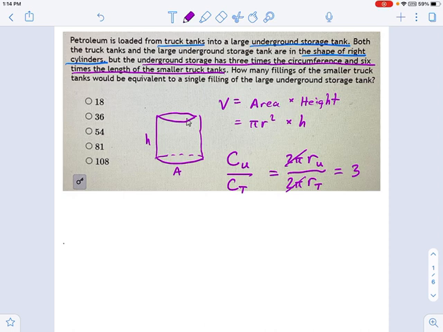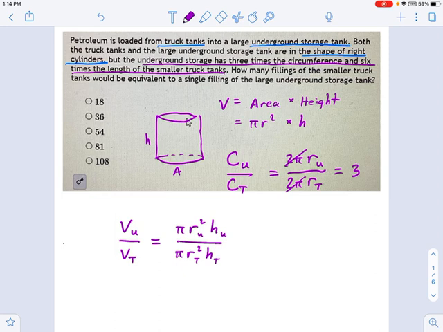So let's set up another equation right here. The volume of the underground storage compared to the volume of the truck tank is going to be equal to pi times the radius of the underground storage squared times the height of the underground storage, divided by, and now we're going to do it for trucks, r squared for the truck and h for the truck.